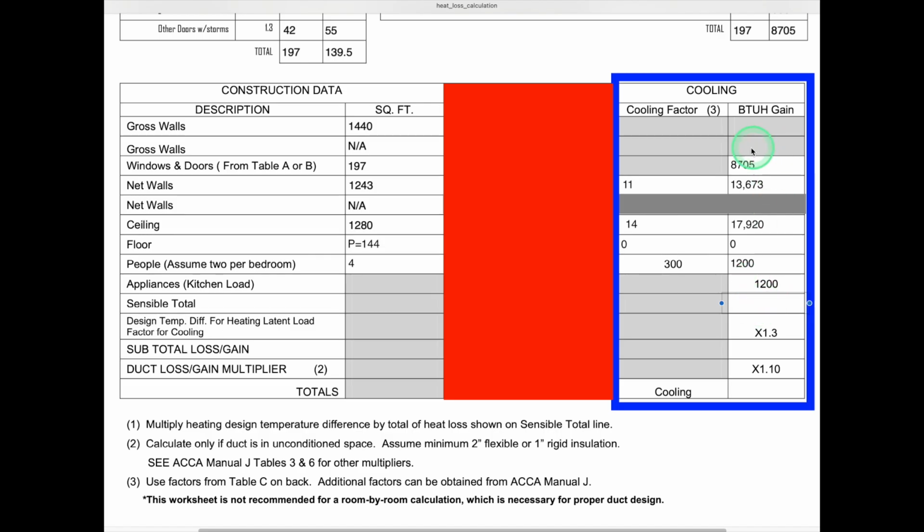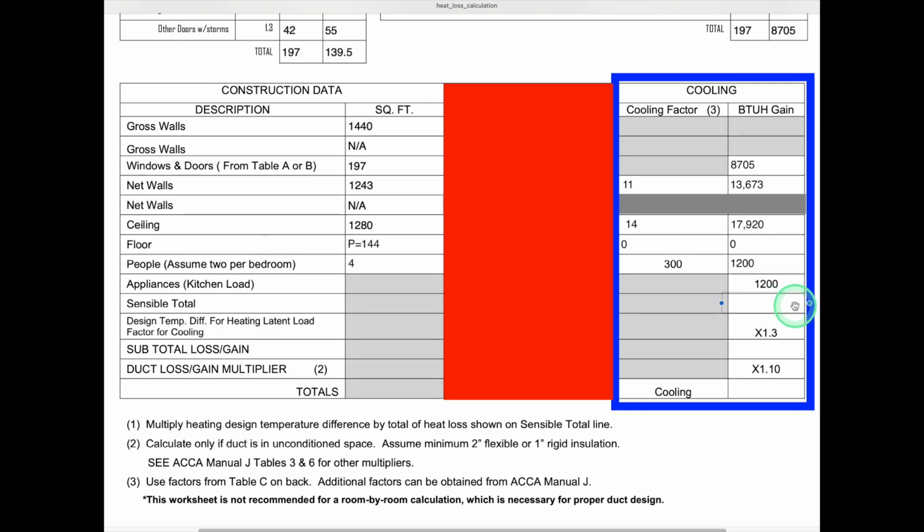And so now what we're going to do is we're going to calculate the BTUH gain column. So from the windows and doors, we're going to add this. From our ceilings, we're going to add this. Our walls, our net walls, we're going to add this number. People, we're adding this. Our kitchen BTUs, we're adding this. And that's going to give us our total sensible heat gain.